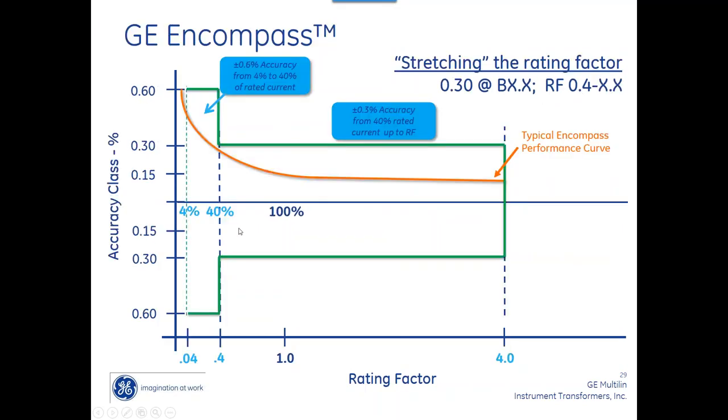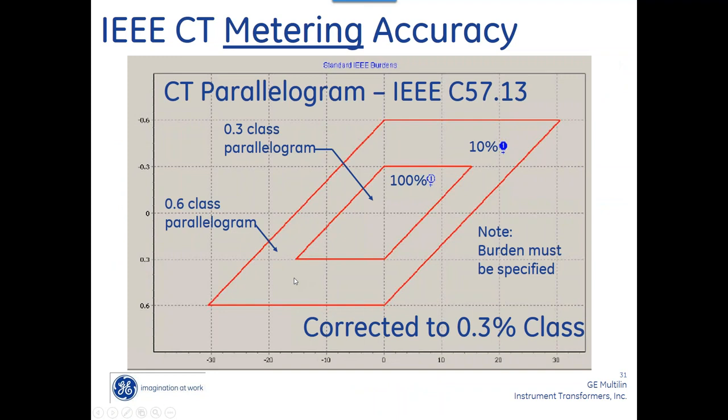GE ITI actually came out with a thing called an Encompass CT and kind of took advantage of that. So now in the Encompass series we stretch the rating factor. So now instead of being at 1.0 and going into the 3% accuracy, we can actually get it down to about 40%. And these CTs have a really nice wide range, so that's just a little food for thought for you.